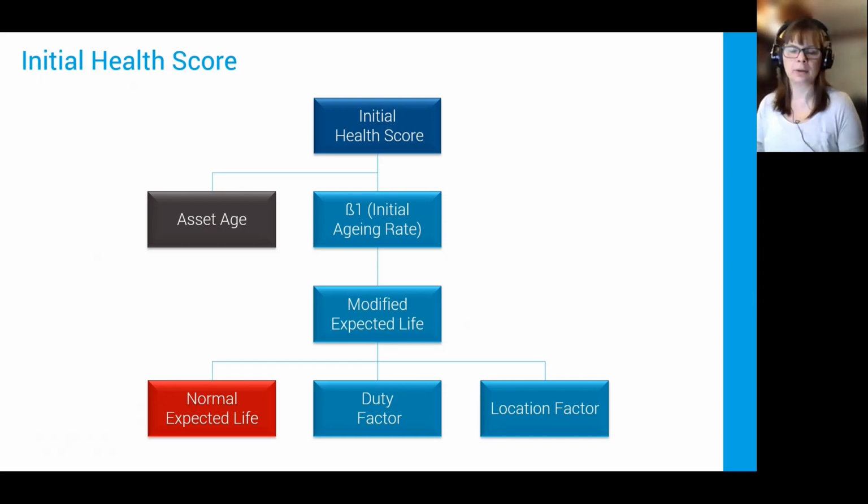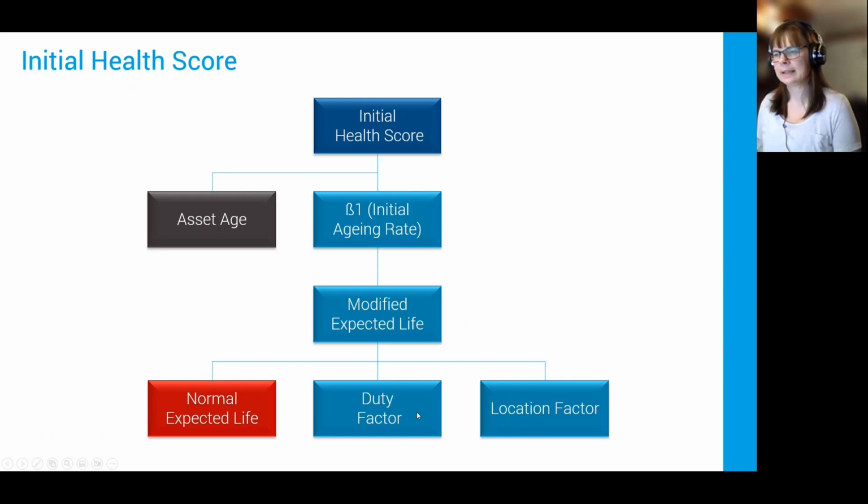So for the individual asset types, so for a particular transformer type of a certain voltage or nameplate, you would expect it to last potentially 50 or even 60 years, and you would agree and set that nominal asset life, and then that calibration value goes to work across the entire population or fleet of those particular assets. And so you need to do that for each asset type that you're modeling.